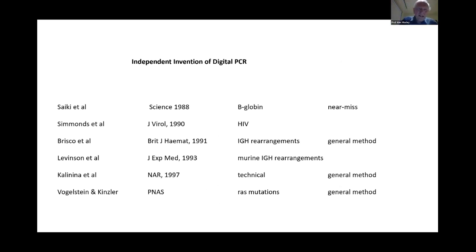The first group of workers were Saiki et al., part of the original PCR group. I've labeled them as being a near miss. They diluted down material with the aim of proving that PCR could amplify single targets.